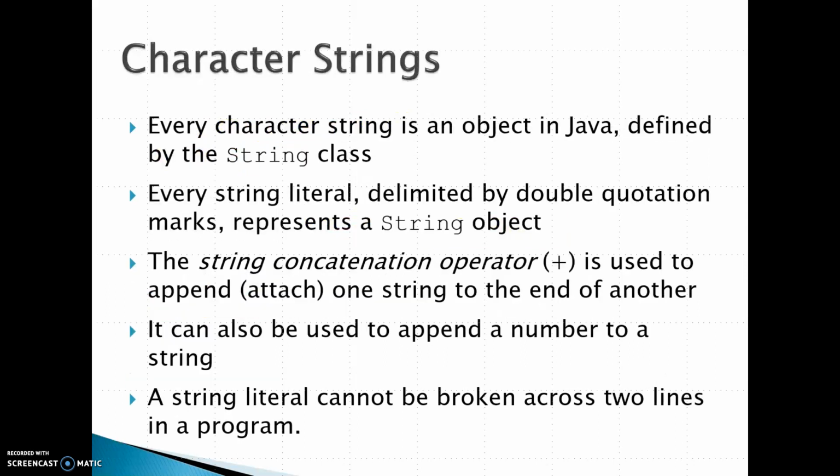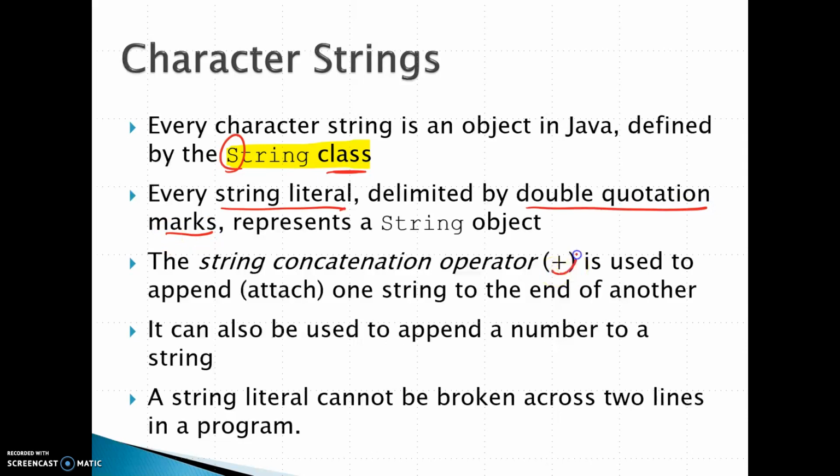All right, so every character string is an object in Java defined by the String class. Now again, notice this naming convention. Because it is a class, the first letter is capitalized. Every string is what we call a string literal, and it is delimited, meaning it begins and ends with double quotation marks.